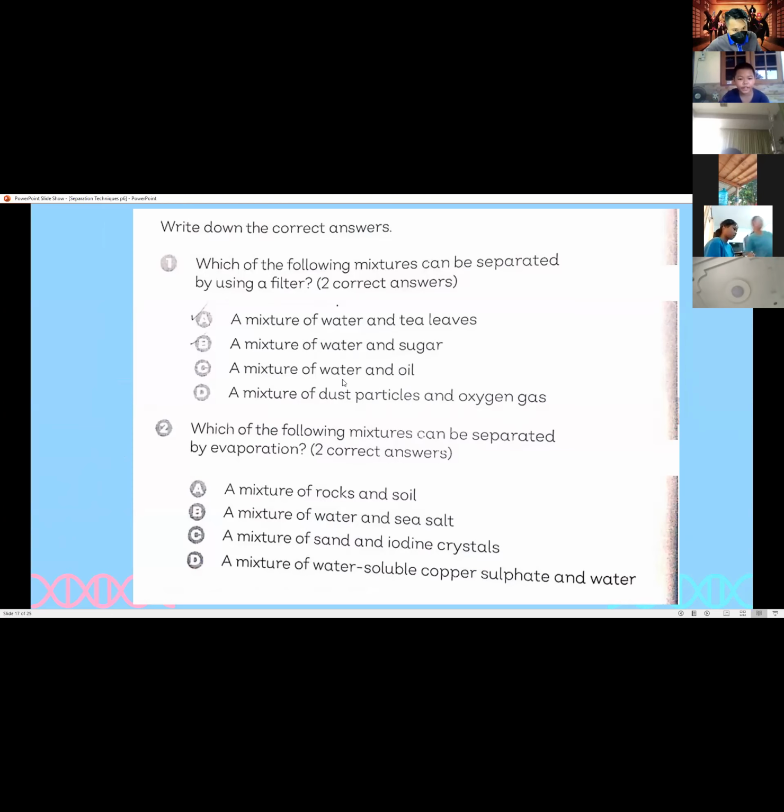A and B. Okay. Next, this one. A and D, mixture of dust particles and oxygen gas.